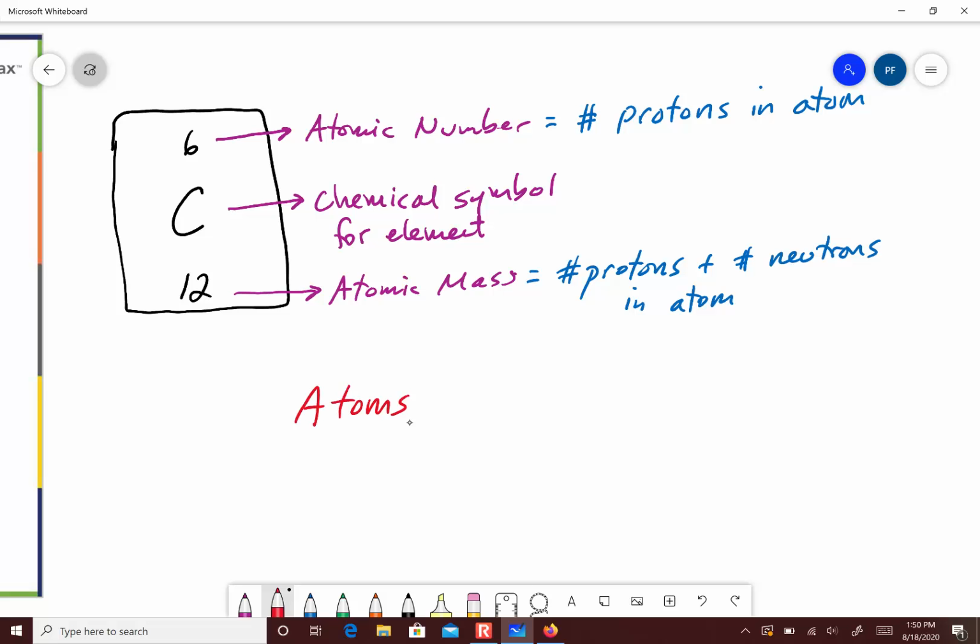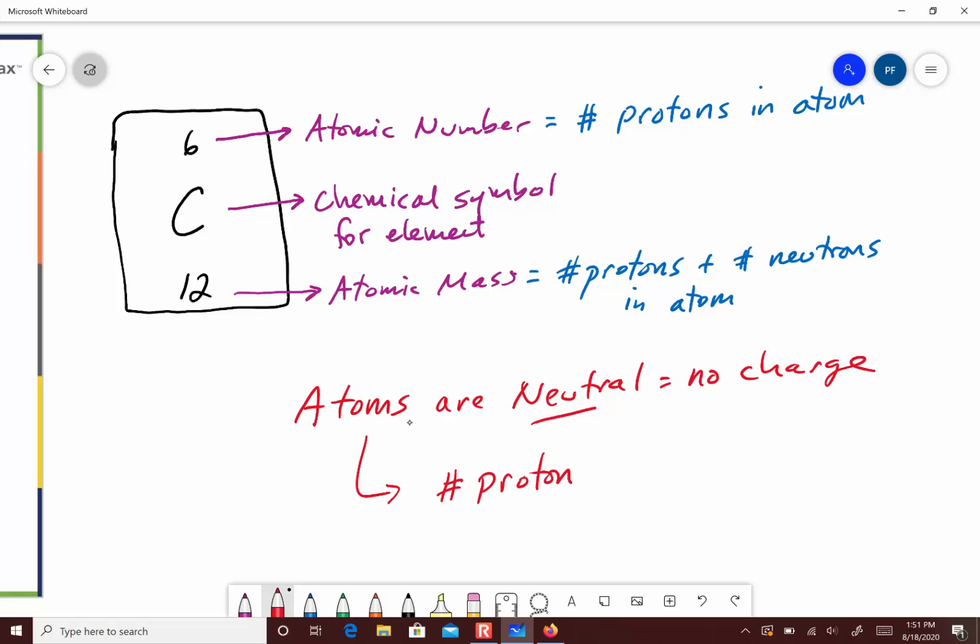For now, I want you to think that atoms are neutral. Atoms are not going to have any kind of charge. They're going to be neutral. So what that means, if we're looking at the structure of an atom, is that the number of protons has got to be equal to the number of electrons.